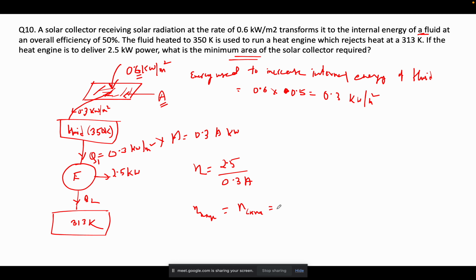And what is your Carnot efficiency? It is nothing but 1 minus T2 by T1. So we just equate these two in order to calculate the minimum area. 1 minus, what is my T2? 313, and my T1 is 350. So 1 minus T2 by T1 is equal to 2.5 divided by 0.3 A, and from this we will get the area value.